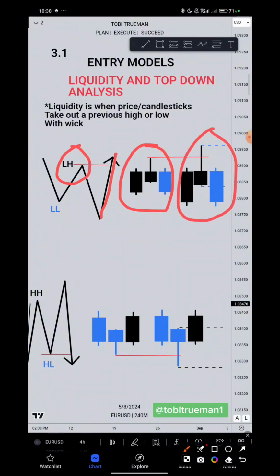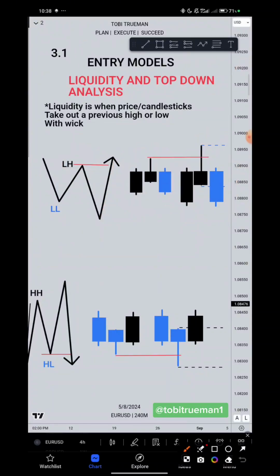This is our evening star candlestick pattern, whereby the middle candlestick took out the previous lower high point, and you can see it here. The candle that did that closed below it. It made a close.